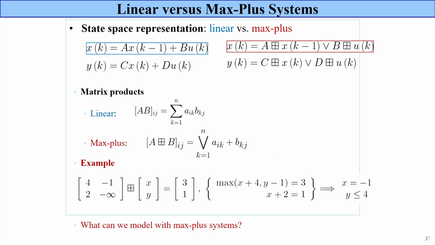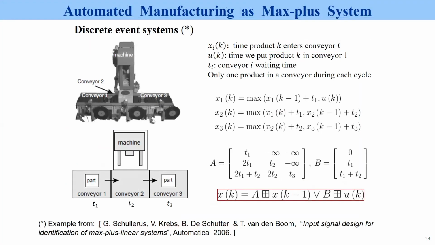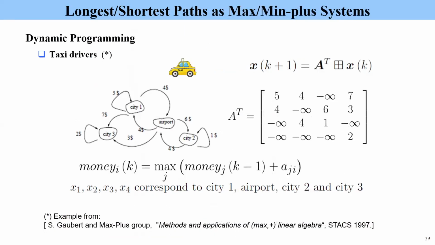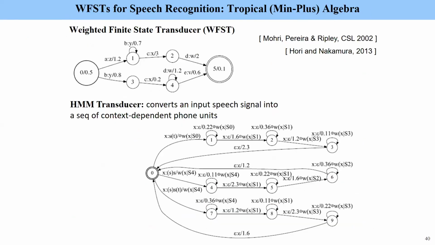In the same way that we have linear dynamical systems, we now have max-plus dynamical systems. They have been applied in automated manufacturing, in dynamic programming, finding longest and shortest paths.